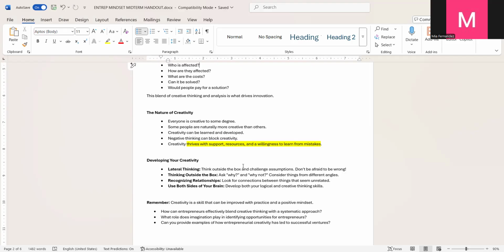Okay? So there you go. So the nature of creativity: everyone is creative to some degree. Some people are naturally more creative than others. Creativity can be learned and developed. Negative thinking can block creativity, and creativity thrives with support, resources, and a willingness to learn from mistakes.